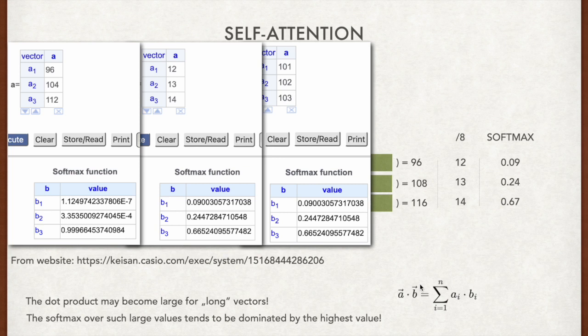If we calculate the softmax over the original similarities, the dot products, we can see that the attention weight related to the third position is really large and dominates the other tokens. Scaling those values by the square root of the length of the key vector, we obtained a softmax normalized vector which is not that dominated with this last key.